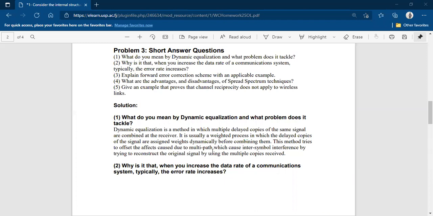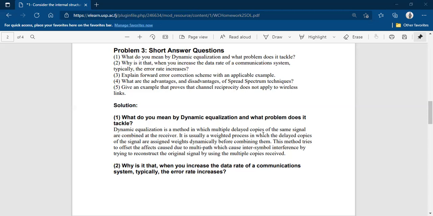So what this is basically trying to tell us is, dynamic equalization is basically, you have a sine wave. When you are transmitting a particular wave, you can reconstruct that same signal using a particular signal which is delayed, or its amplitudes are varied.